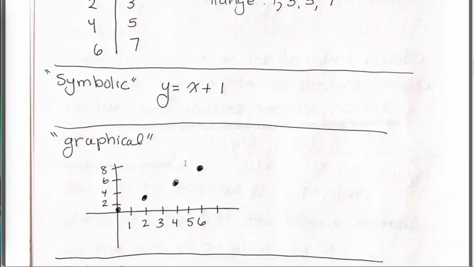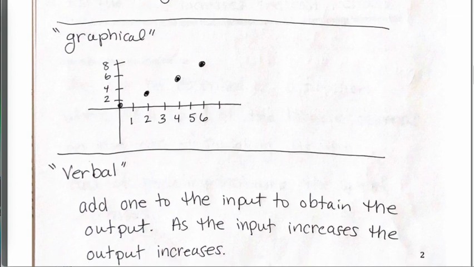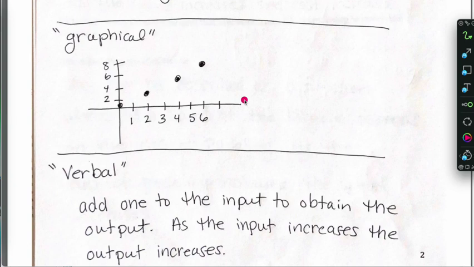Okay, now the next representation is called the graphical representation, which is pretty self-explanatory. It's the graph of whatever it is that you're talking about. So I plotted the points 0, 1, 2, 3, 4, 5, and 6, 7. Here's the graphical representation of that function that we're talking about with the table and the equation y equals x plus 1.